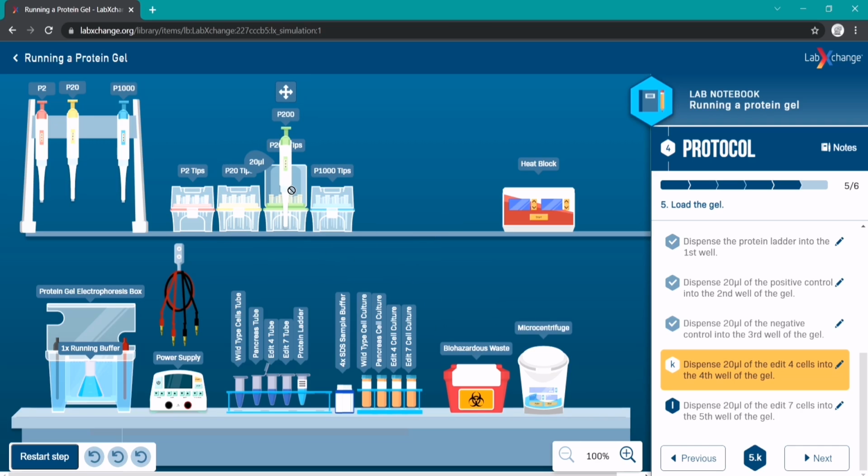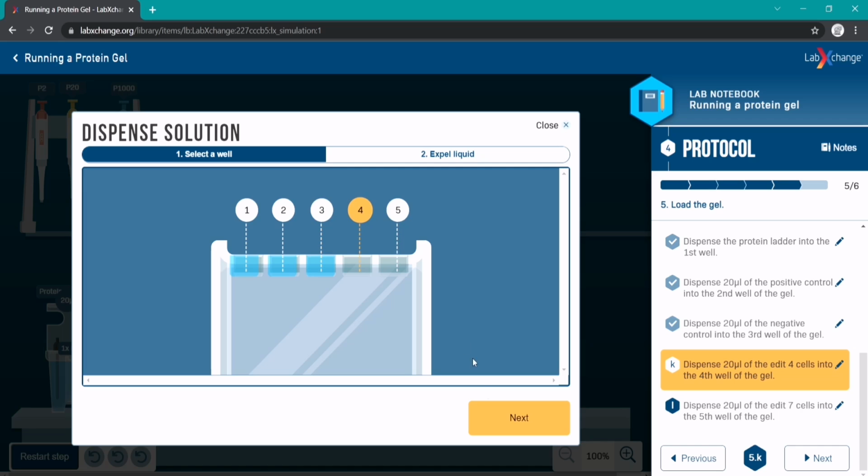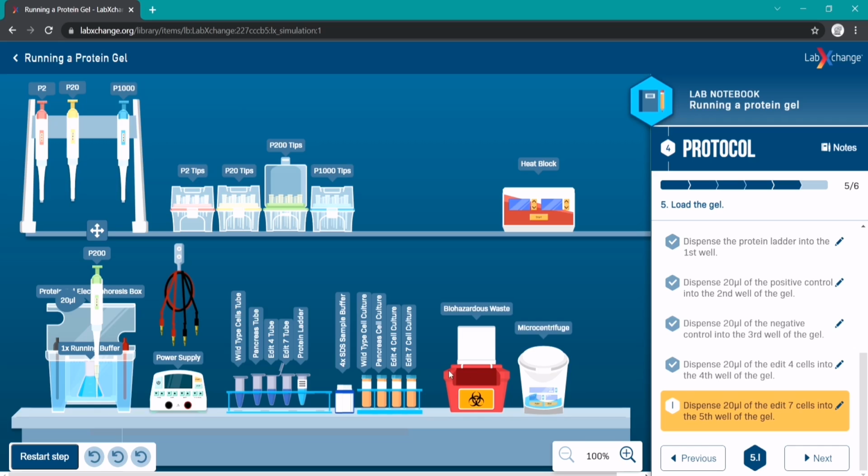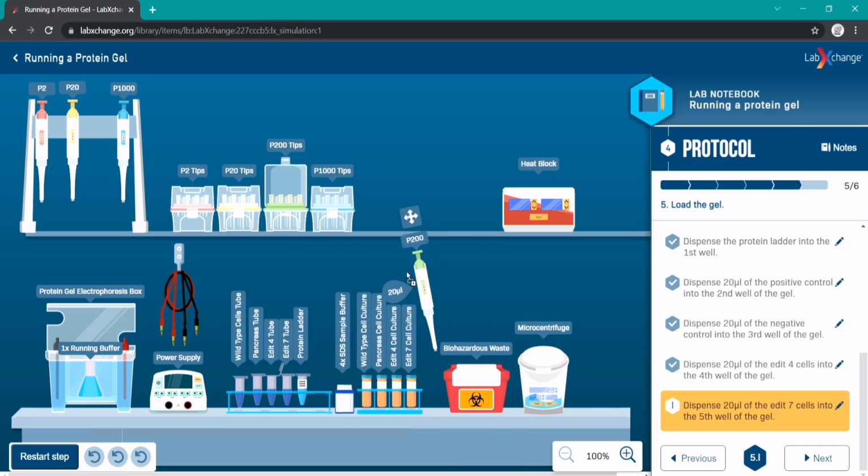Then dispense 20 of the edit 4 cells into the fourth well of the gel. Lastly, dispense 20 of the edit 7 cells into the fifth well of the gel.